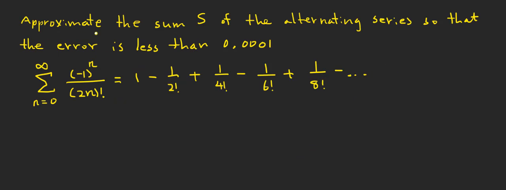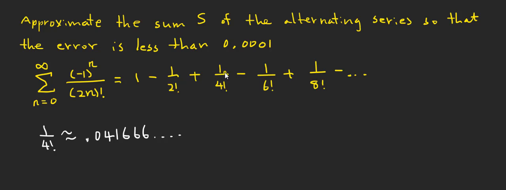Now let's take a look at this example. It says approximate the sum S of the alternating series so that the error is less than 0.001. So what we need to do is find the first neglected term that will be less than 0.001. So you want to find a term that has 3 zeros after the decimal point.